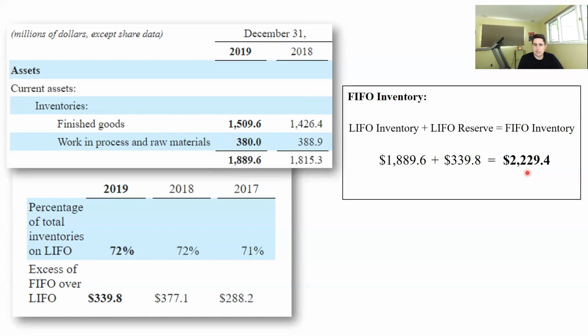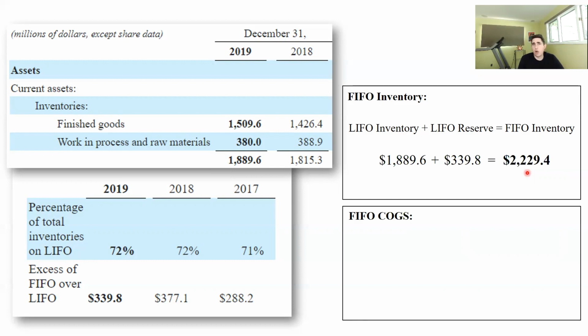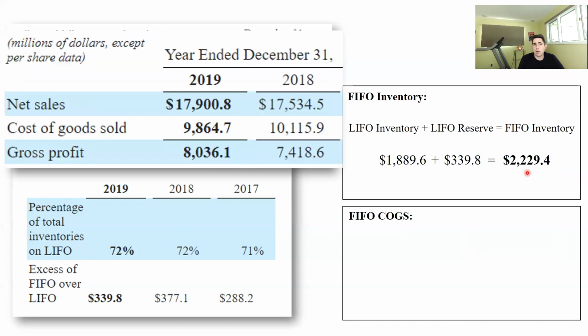Okay, now let's calculate what FIFO cost of goods sold would be. What we're going to need here is the income statement. We have their cost of goods sold for the year ended December 31st, 2019, and it's 9864.7. That's their mixture of LIFO and FIFO cost of goods sold.